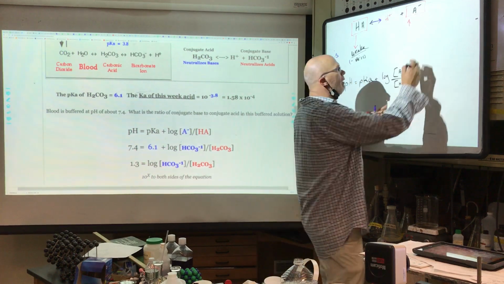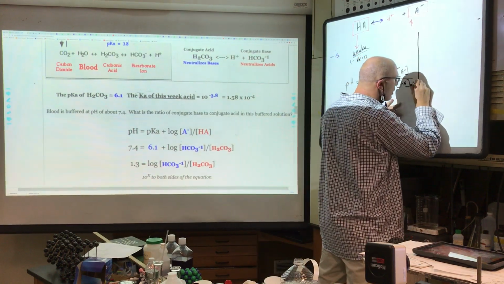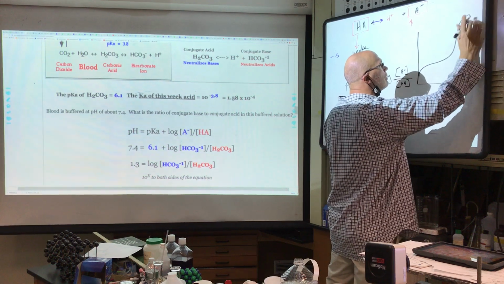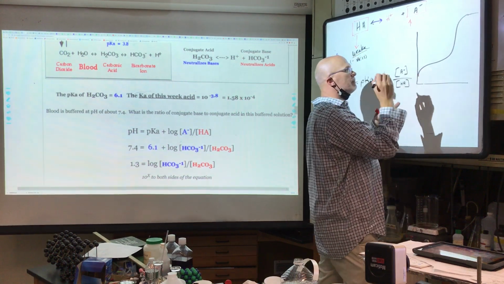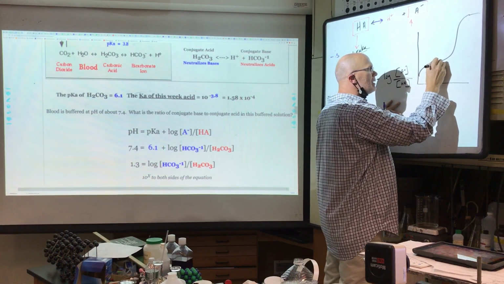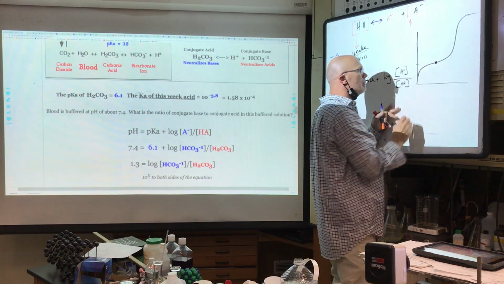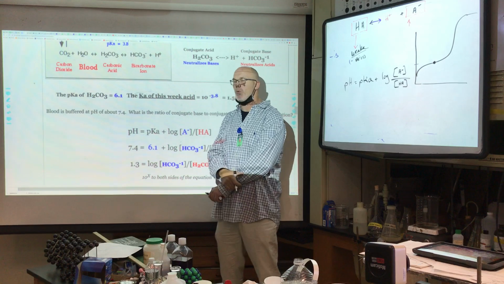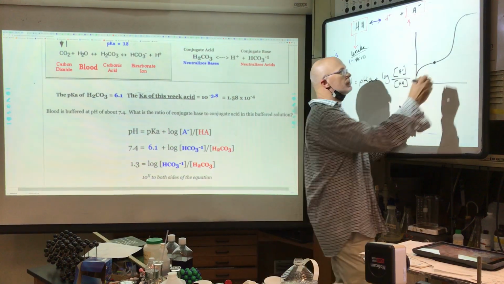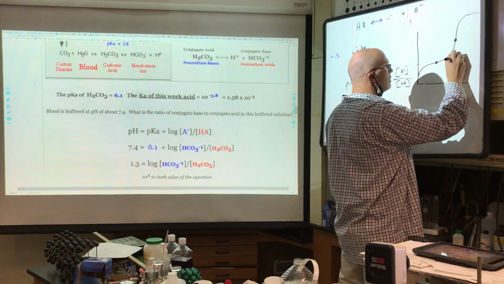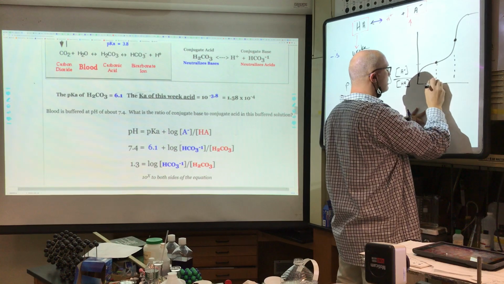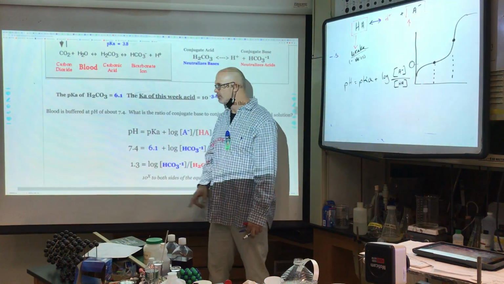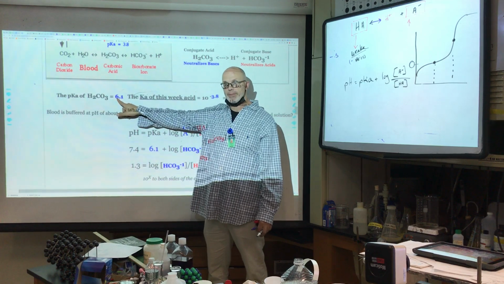What does that mean? Well, if you think in terms of your graph, if I was to titrate it, that means that this point right here is what? What is the pH right there? If the pKa is 6.1, if this is equivalence, and this is half equivalence, what is that point right there? 6.1.